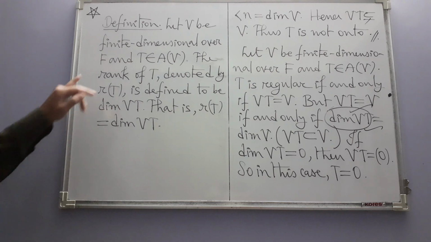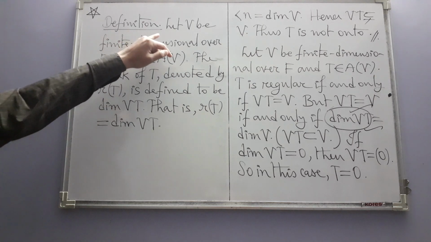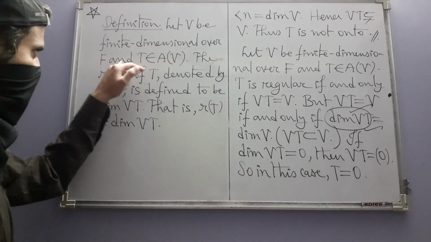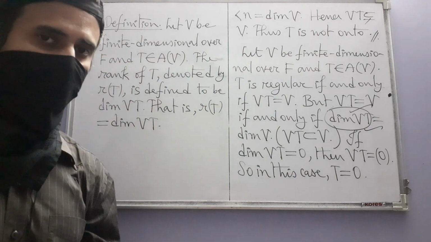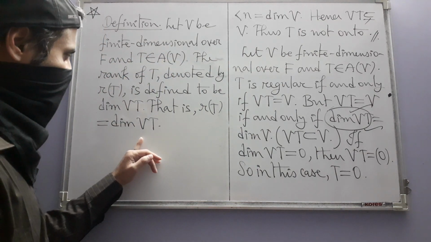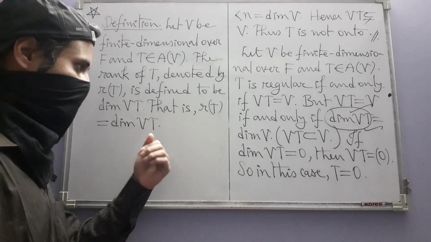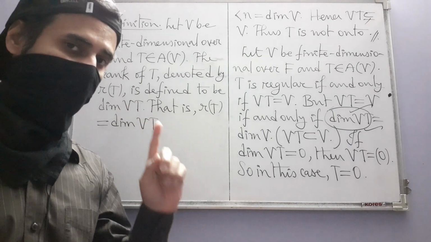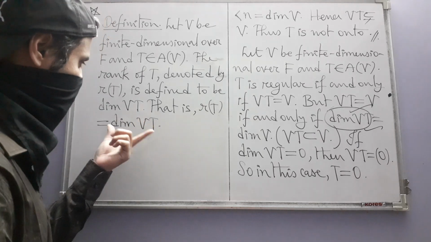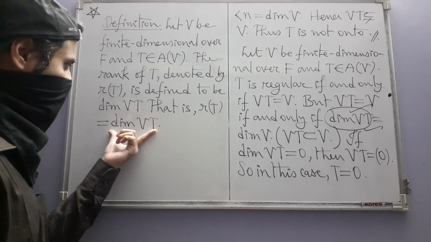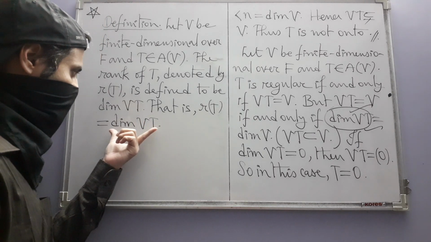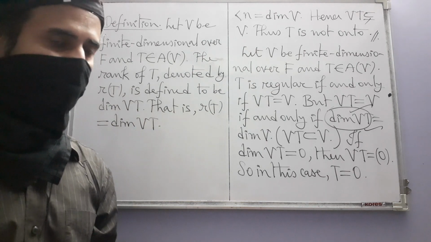Note carefully that we have defined it only for finite dimensional vector spaces V, so that VT being a subspace of V is also finite dimensional, and as a result you are always going to get a non-negative integer here.